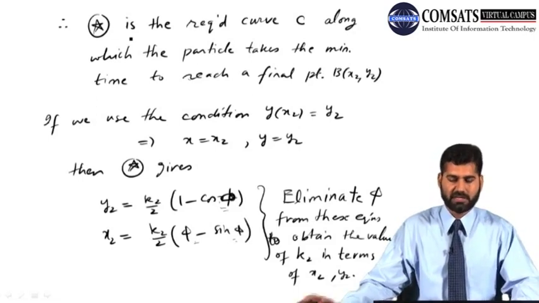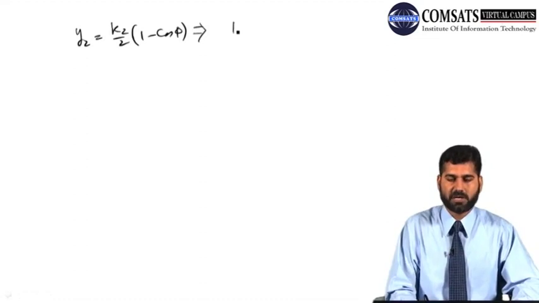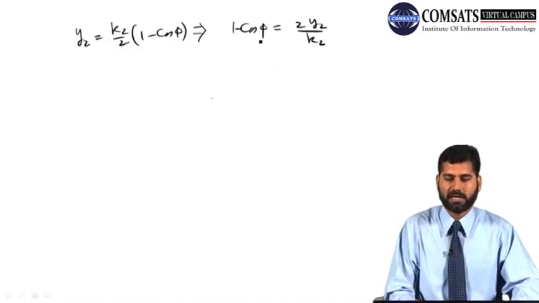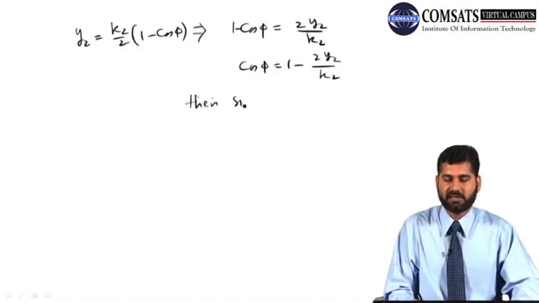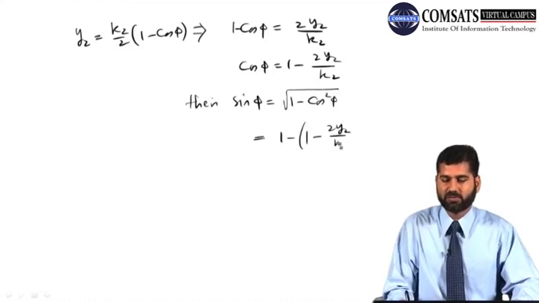What you can do here is, from y2 equal to k2 by 2 times (1 minus cos phi), this implies 1 minus cos phi is equal to 2y2 by k2. All right, and cos phi is 1 minus 2y2 by k2. Now if cos phi is this, then sine phi is given by the square root of 1 minus cos square phi, so the square root of 1 minus (1 minus 2y2 by k2) squared.